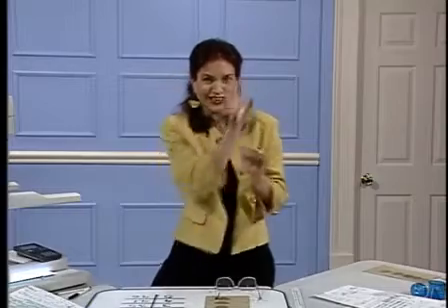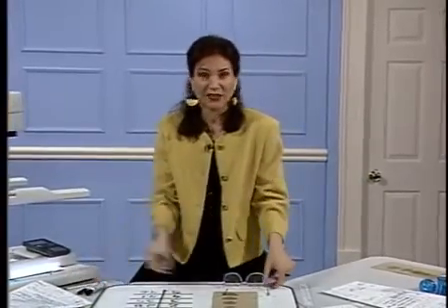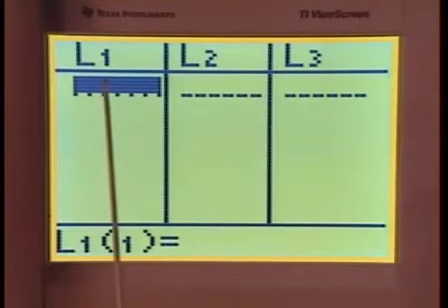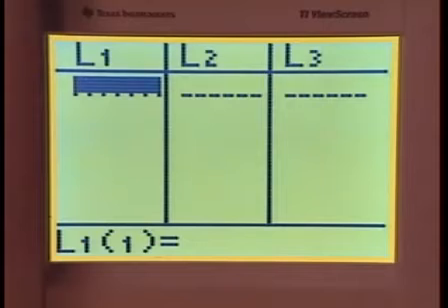Now I'd like to input those values, the x and the y, into our lists L1 and L2, and discover if we have a linear relationship or something that approximates a linear relationship. In the L1 column, we will input the number of drops.